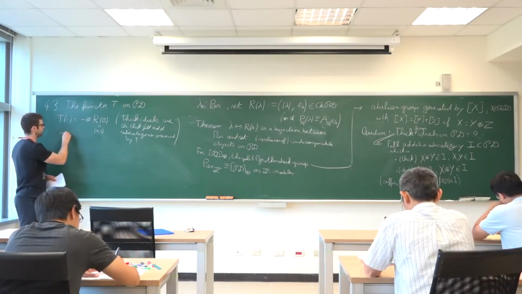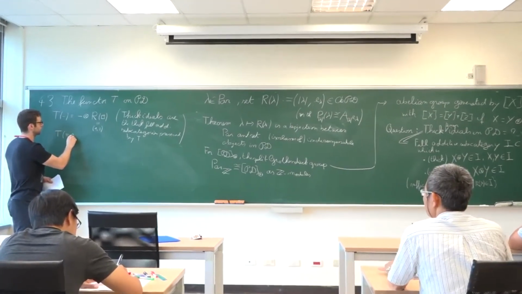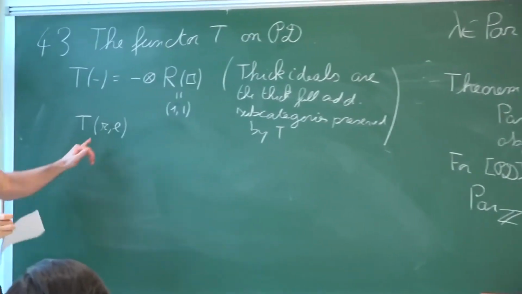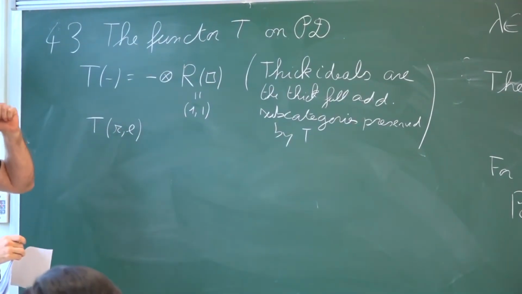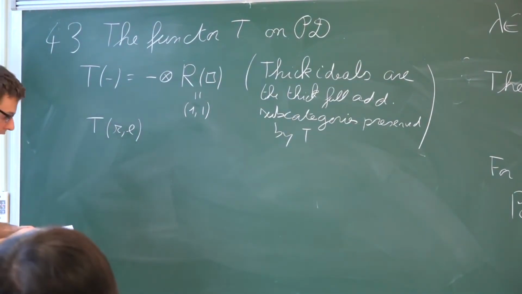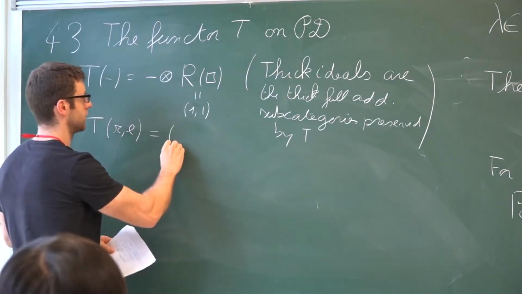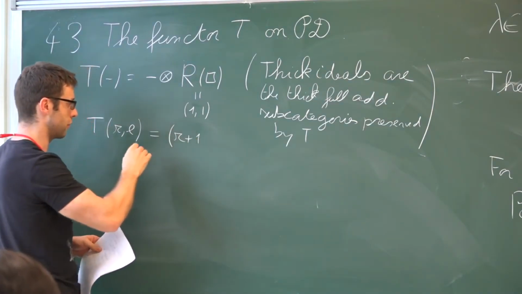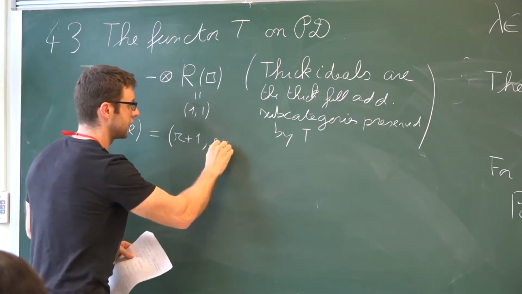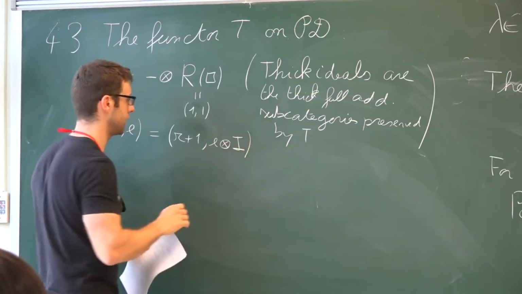So on objects, this functor, if we take some object as before, R, and some idempotent in A_R, is given by the general formula that I presented yesterday as this object.